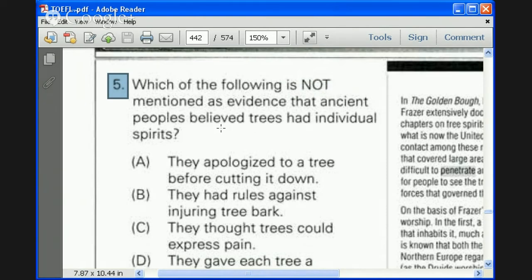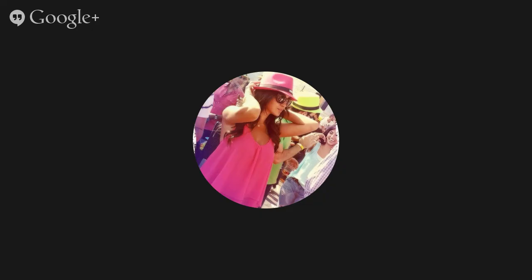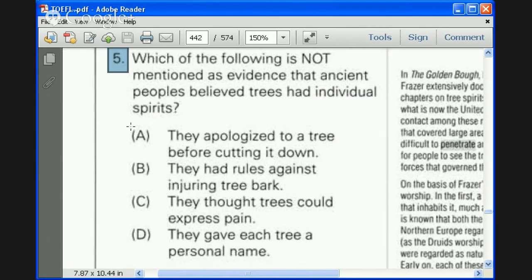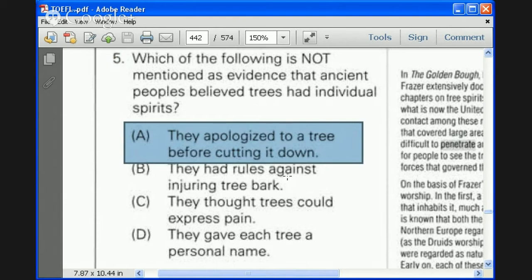If I see it more like question 14, I'm more prone to skip it. The problem is I'm looking for the one thing that is not in the passage. They don't tell me where to look for any of this. I have to look at the entire passage, and I have to look for each answer.